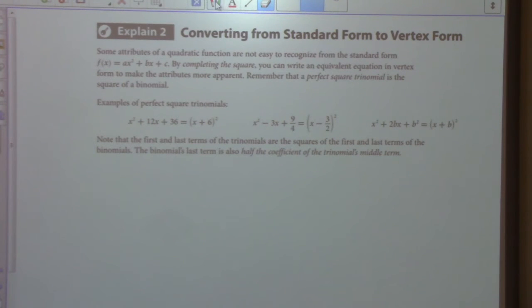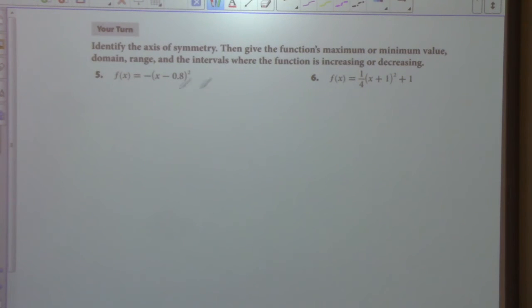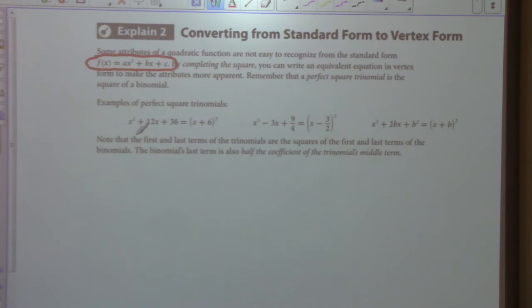If you have a standard form quadratic equation or function like this, we can convert it into a vertex form, such as these here, 5 and 6, that would be a lot easier to graph. And so we're going to learn about completing the square today.